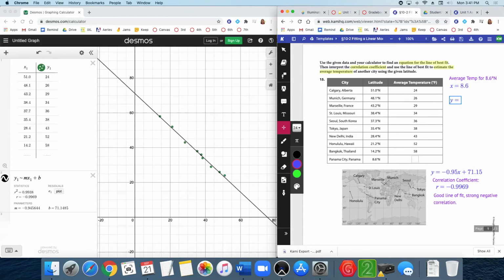So y equals -0.95, and then instead of writing x, I will replace it with 8.6 for x, and then I'm going to add 71.15. Let me get that equation over there so you guys can see it.